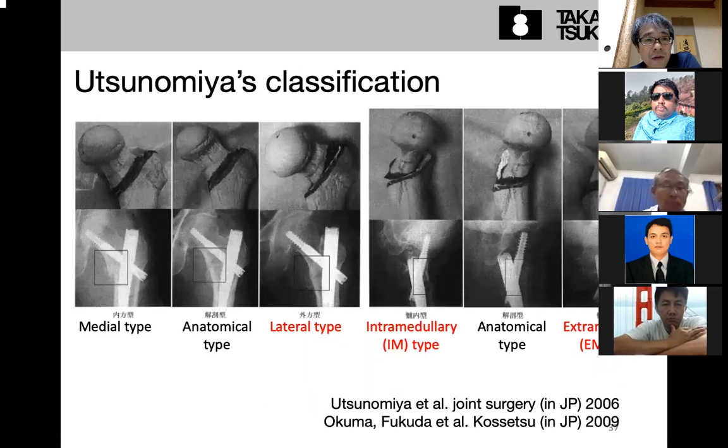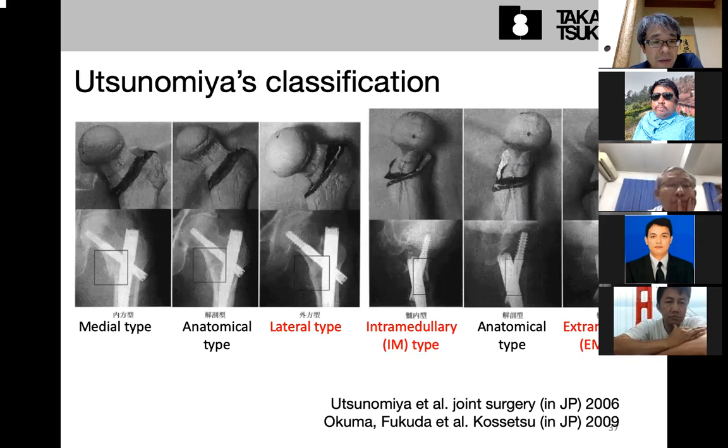This is Utsunomiya's classification. They classified into six categories after the internal fixation of the femoral head. In the AP view, they classify into three types, focusing on the medial edge of the proximal fragment.